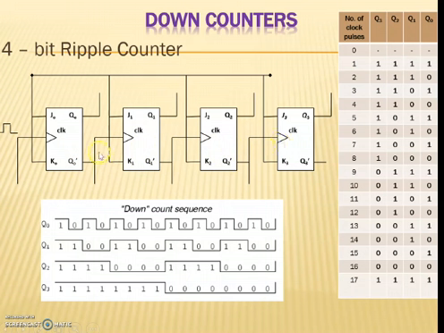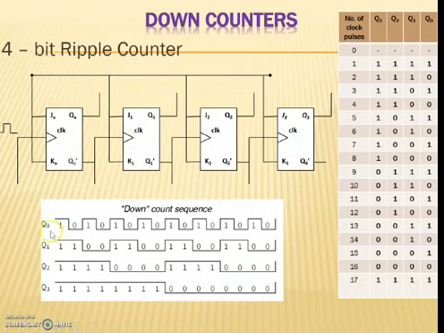So instead of taking the clock from Q0, we are taking Q0 bar. We take the outputs from Q0, Q1, Q2 and Q3, but for the clock pulses of the next stages we use Q0 bar, Q1 bar, Q2 bar and Q3 bar, right?